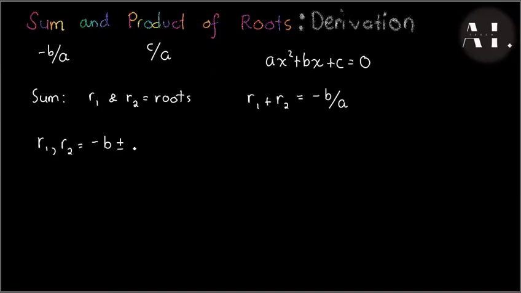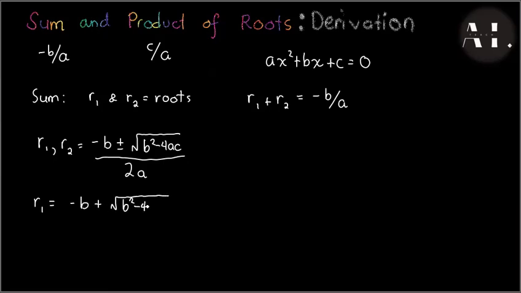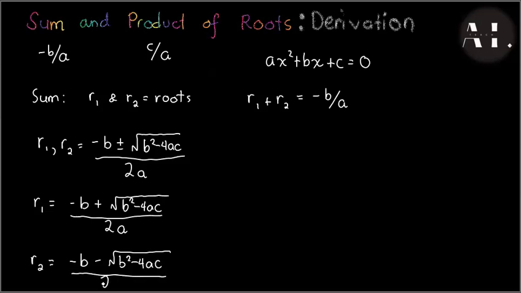The quadratic formula is negative b plus and minus the square root of b squared minus 4ac over 2a, where we have our first root as negative b plus the square root of b squared minus 4ac over 2a, and our second root is negative b minus the square root of the discriminant value, which is b squared minus 4ac over 2a.